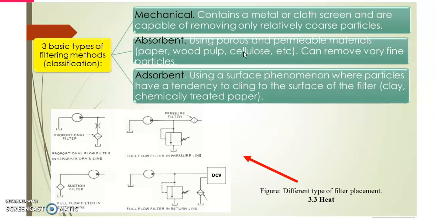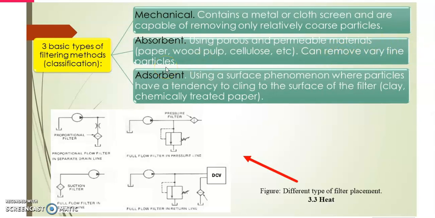In this type of filter, the particles are usually absorbed as the fluid permeates the material. As a result, these filters are used for extremely small particles, or we can call them very fine particles.